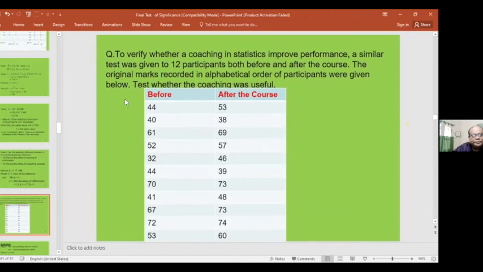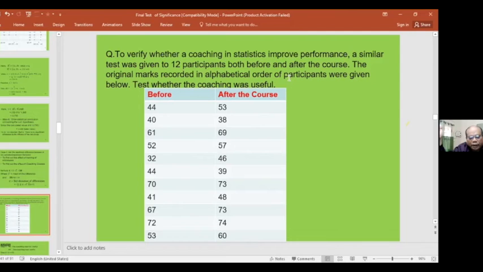The question here: to verify whether a coaching in statistics improves performance, a similar test was given to 12 participants, both before and after the course. The original marks recorded in alphabetical order of participants are given below. Test whether the coaching was useful.